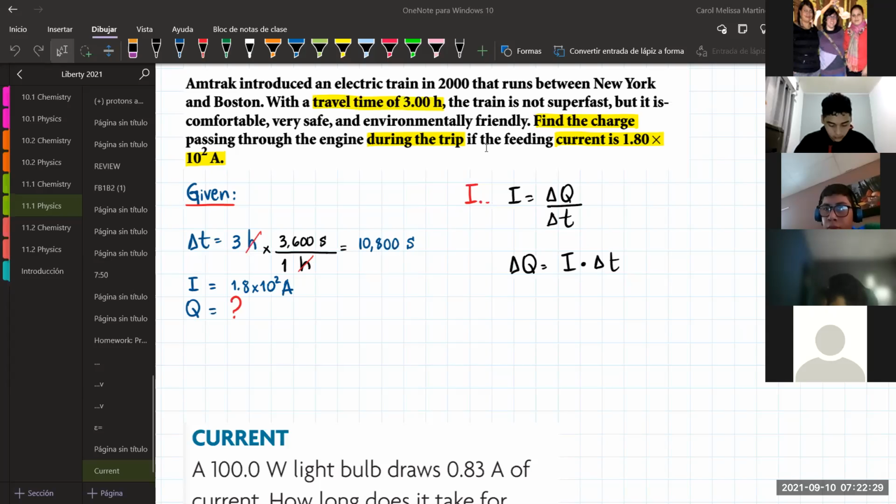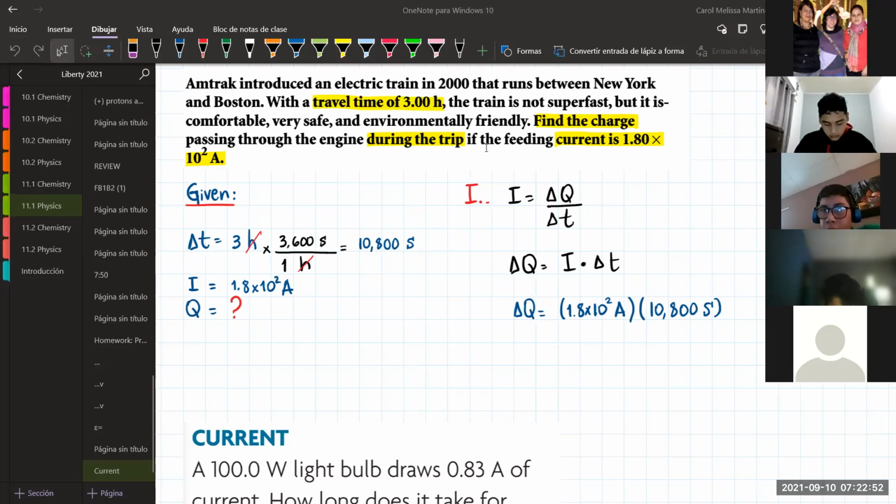The current that we have in the problem is 1.8 times 10 to the second power amperes. Remember what an ampere means? Multiplying times the time, which it gave us, 10,800 seconds.